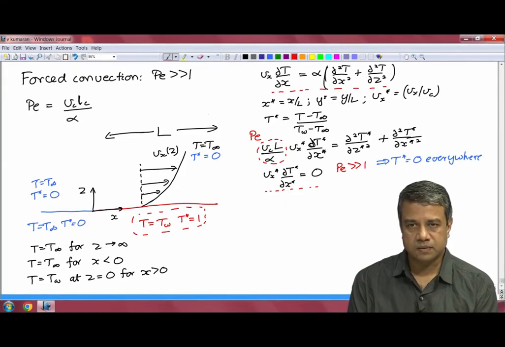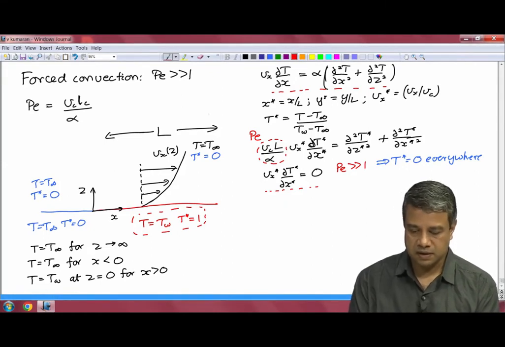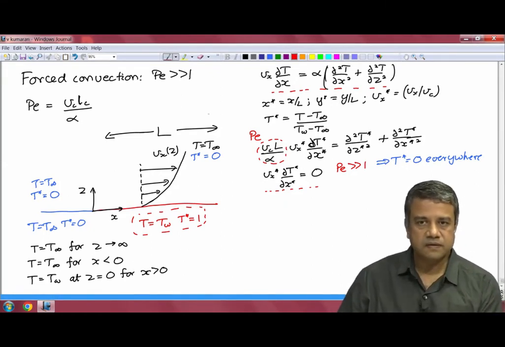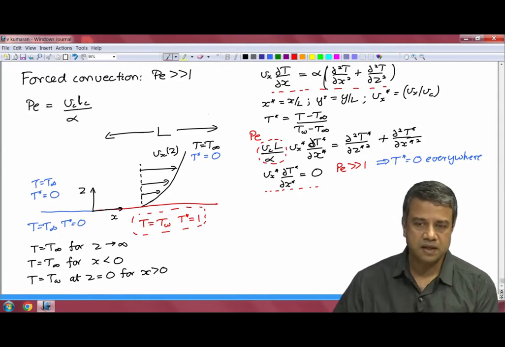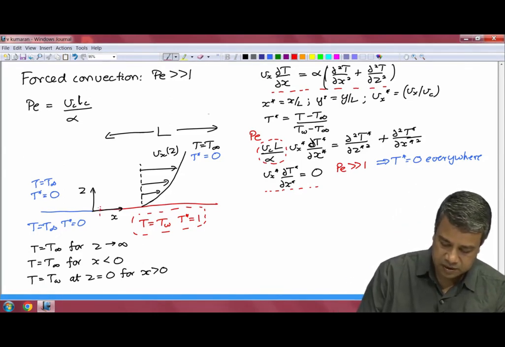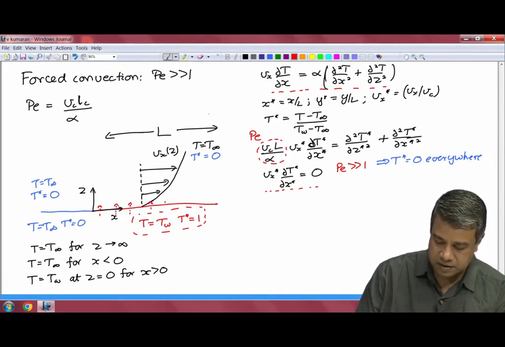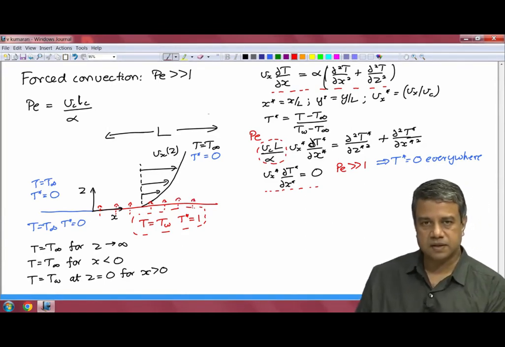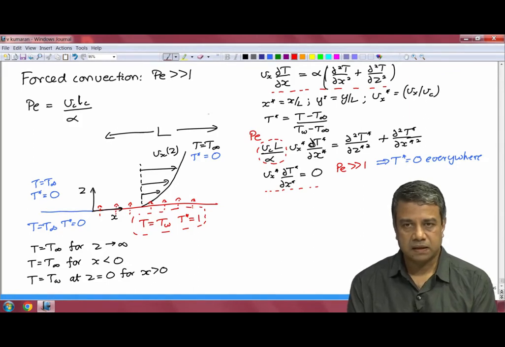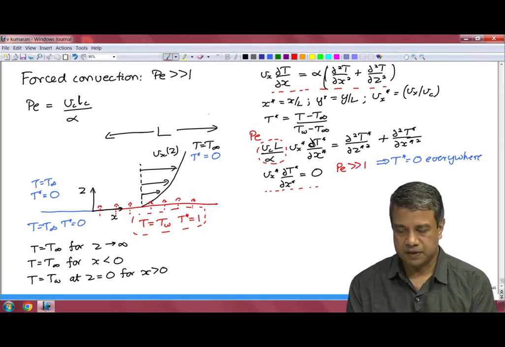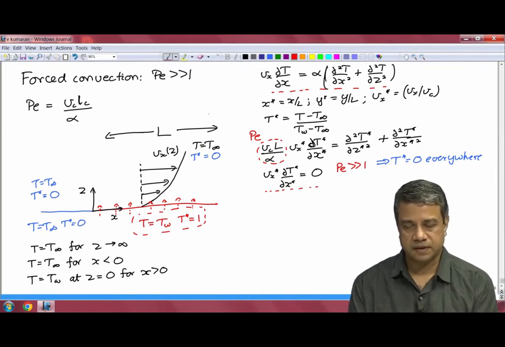Physically, this is because when we neglect diffusion, the transfer from the surface to the fluid has to take place due to diffusion, because there is no convection perpendicular to the surface. If there is a no penetration condition at the surface, there is no convection perpendicular to the surface. Therefore, transport from the surface to the fluid necessarily has to be due to diffusion, and when you neglect diffusion, there is no transport perpendicular to the surface.